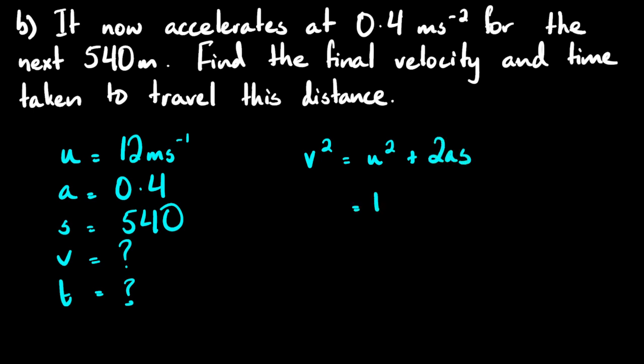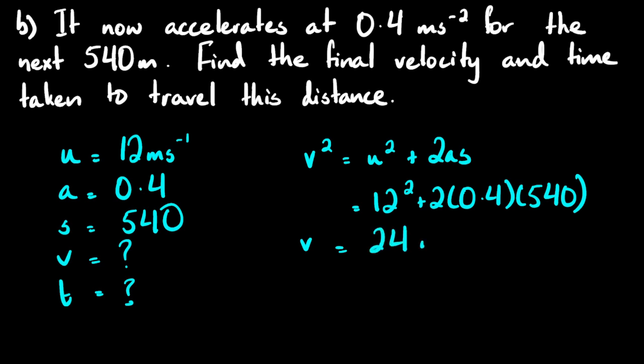So u is 12, so 12 squared plus 2 times 0.4 times 540. Using this equation, when you take the square root on both sides, v square turns out to be 576, so v turns out to be 24 meter per second, right? And then the time to travel this distance. Again, at the end of this, I have u, a, s and v, so for any equation involving time, I can find t.